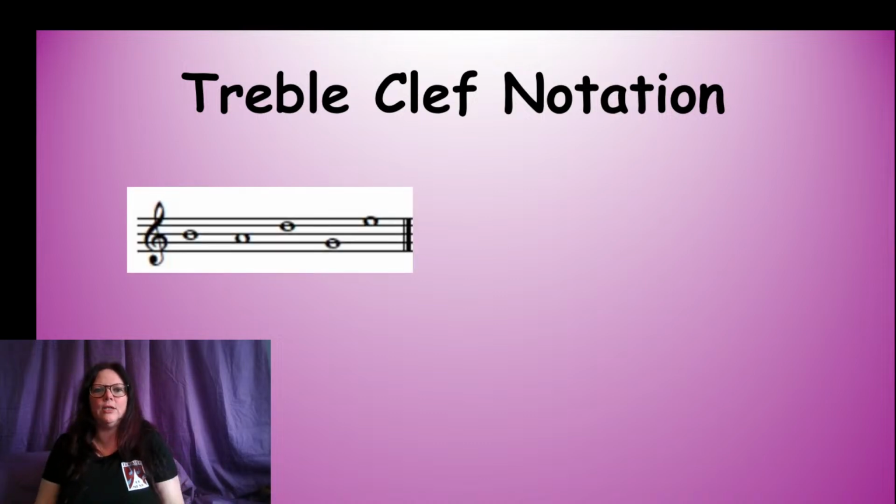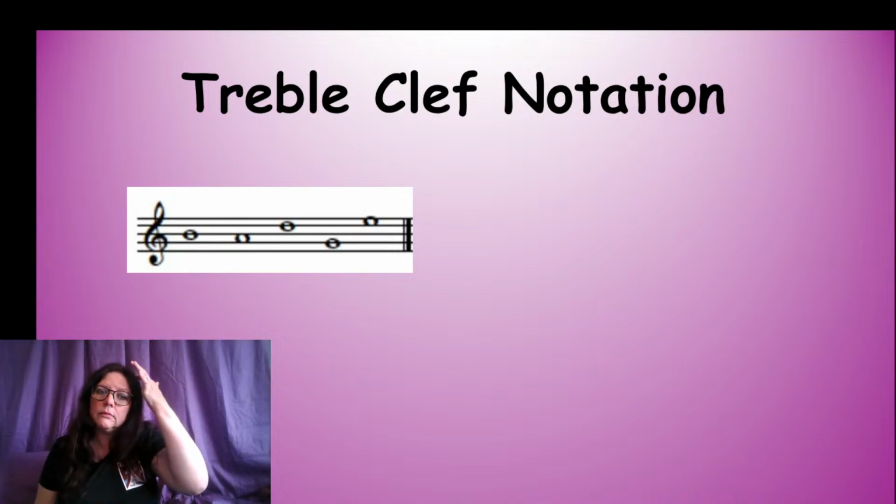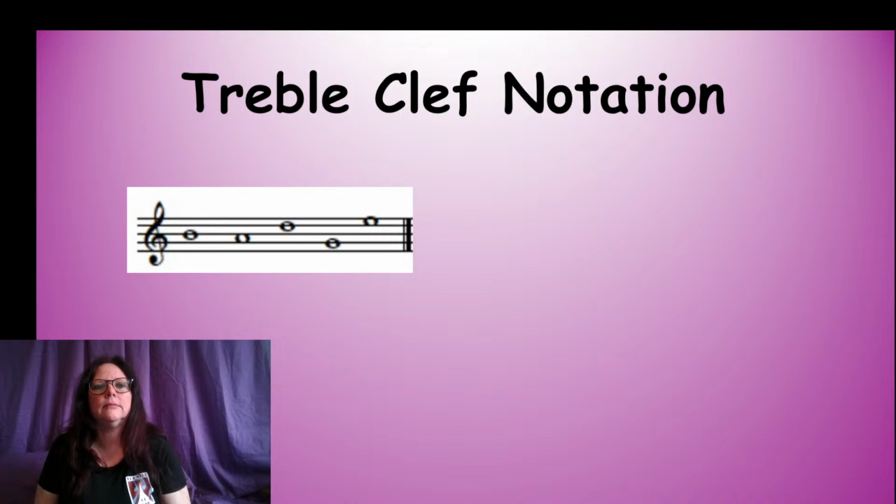So here's the first one. You can see it starts with the third line, second space, fourth line, second line, fourth space. So if you work out what those notes are, see if you can work out what the word is saying.